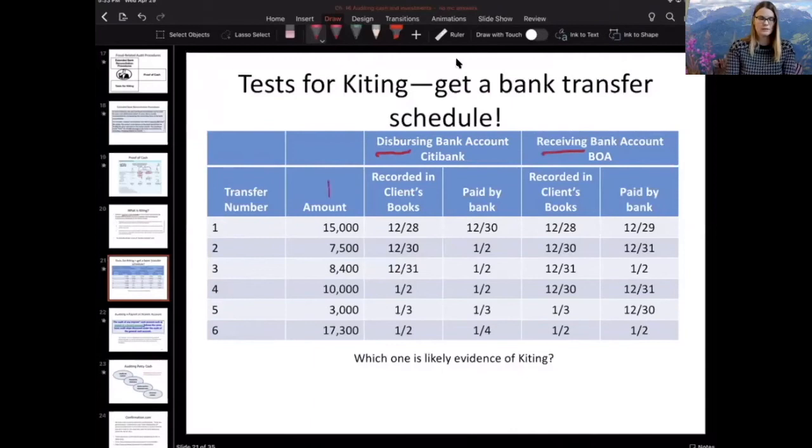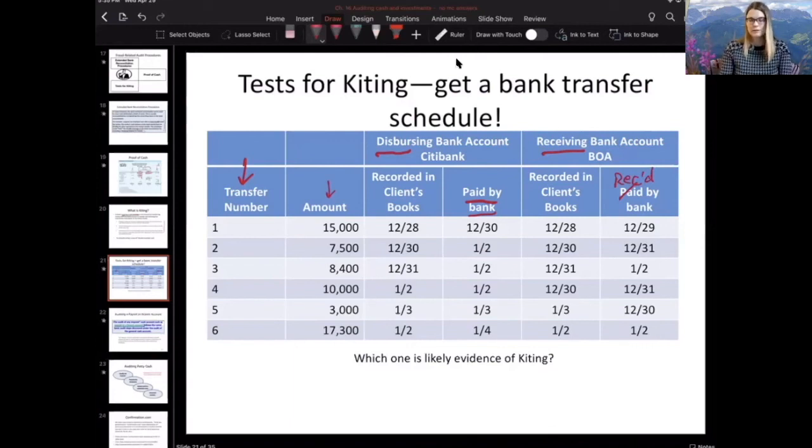We have the amounts of the transactions, we have all the transfers listed, and you'll notice here are the days things are going out in bank time. This should probably say received by bank. The point here is we have these dates of when these transfers were received and disbursed by the bank.